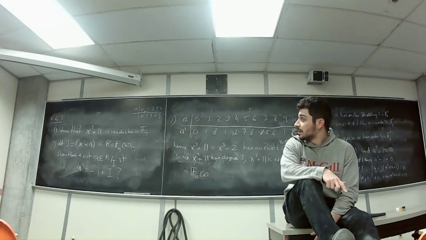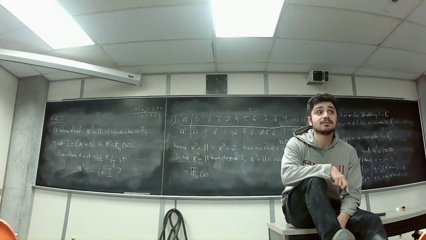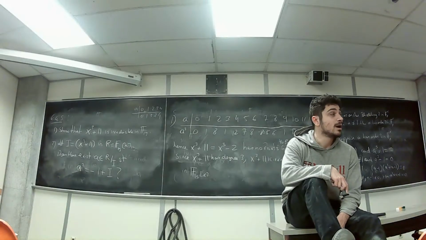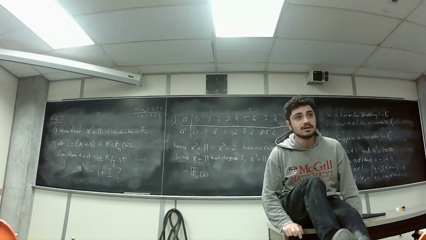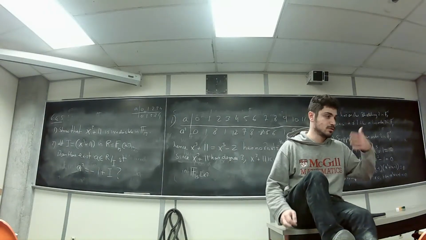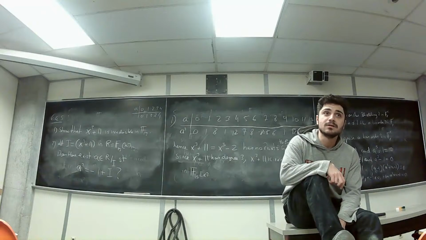F13[x] modulo x cubed plus 11. What can we say about that? It's a field. Why is it a field? Because x cubed plus 11 is irreducible in F13[x]. Very good. So the quotient ring is a field.